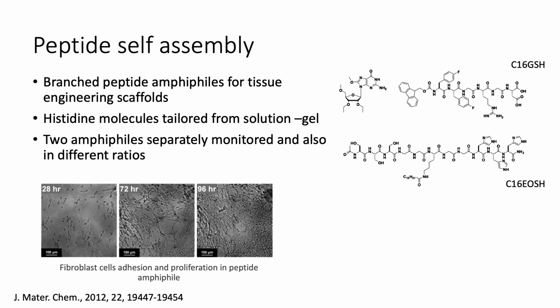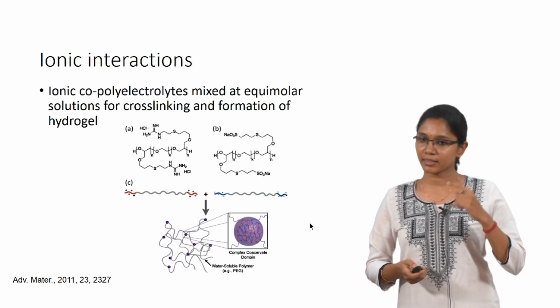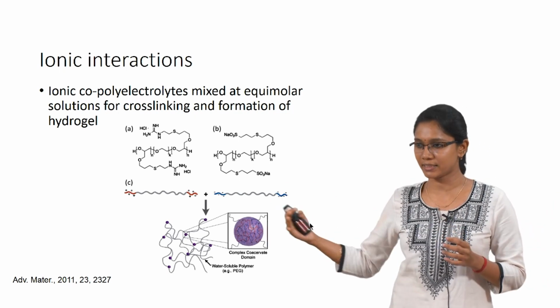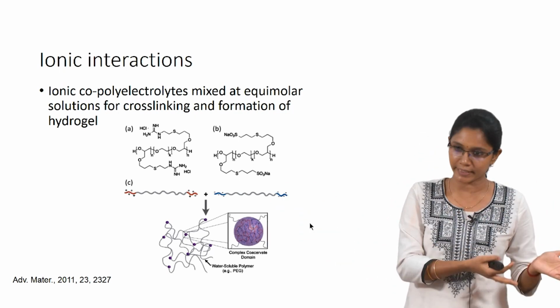So here the figure that we see is for 24, 72 and 96 hours in the fibroblast cell lines, where they have taken a specific ratio of both these polyamplifiers and then seen how the proliferation increases. So this also shows that over a period of time they have very good proliferation for these fibroblast cell lines.